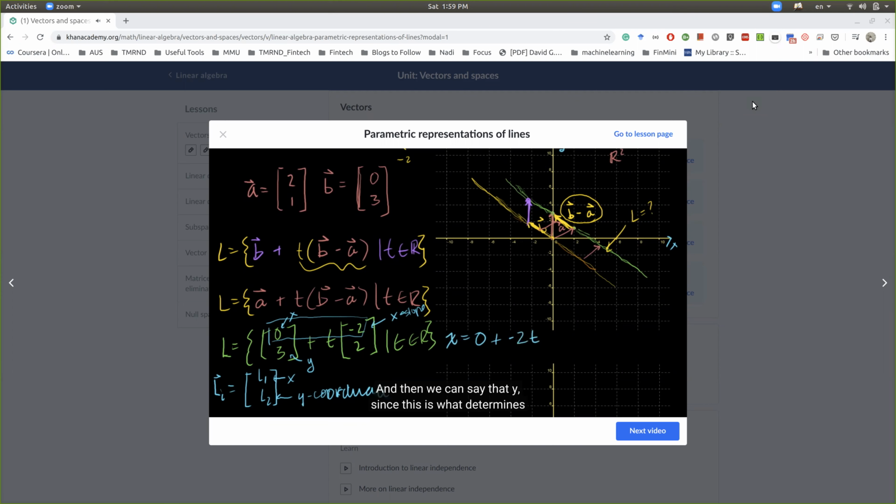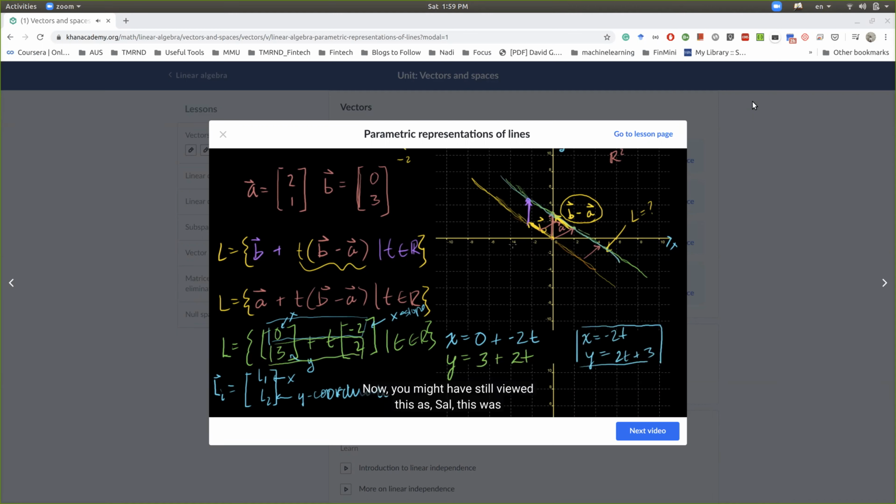And then we can say that y, since this is what determines our y coordinate, is equal to 3 plus t times 2, or 2t plus 3. So we could have rewritten that first equation as just x is equal to minus 2t, and y is equal to 2t plus 3. So if you watch the videos on parametric equations, this is just a traditional parametric definition of this line right there.